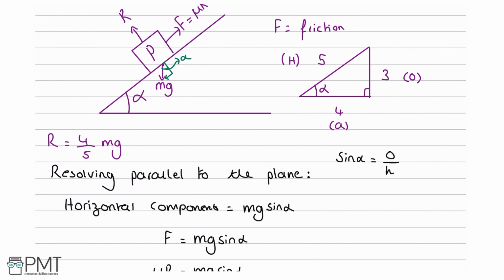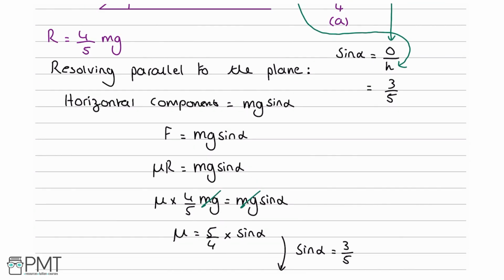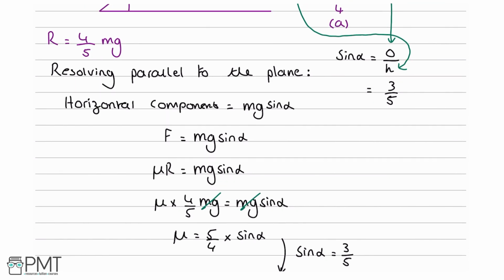So O, our opposite, is 3, and our hypotenuse is 5, okay? So what this means is that this equals 3 over 5, okay? So I'm going to draw a little arrow and say here that sine alpha equals 3 over 5, which is what we just worked out here, okay?